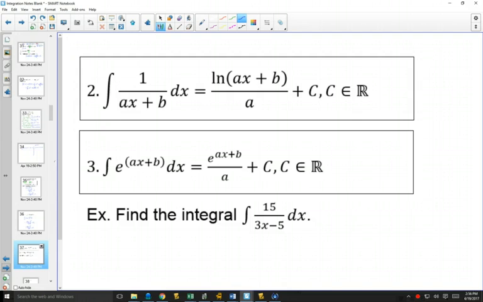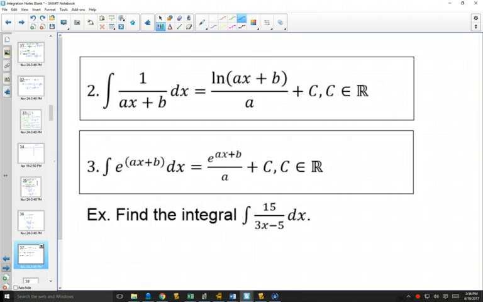This doesn't look anything like a natural log when you look at it. The power rule at least produces a power, so they kind of hint to each other. But this doesn't look like anything like a natural log.